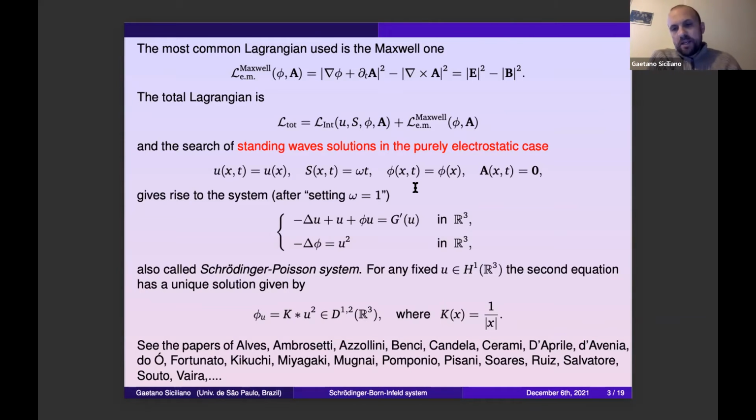And of course, many of you have also studied this kind of system. There is a huge literature on this Schrödinger-Poisson or Schrödinger-Maxwell system. However, there is a small issue when you use the Maxwell equations.